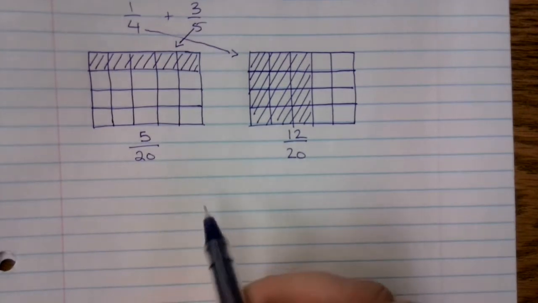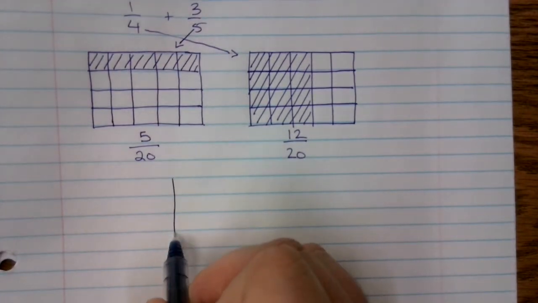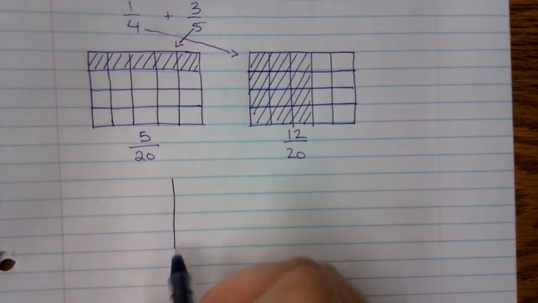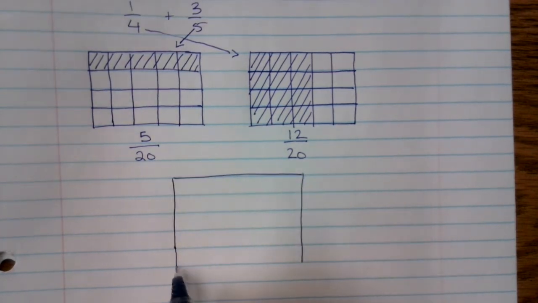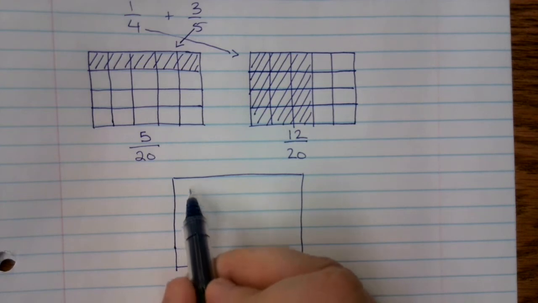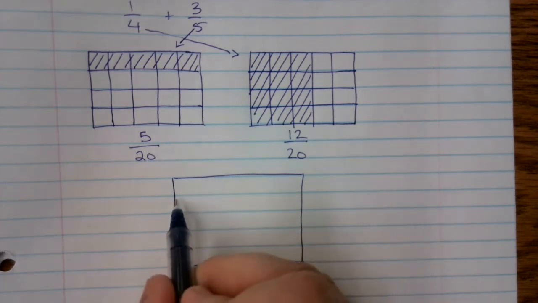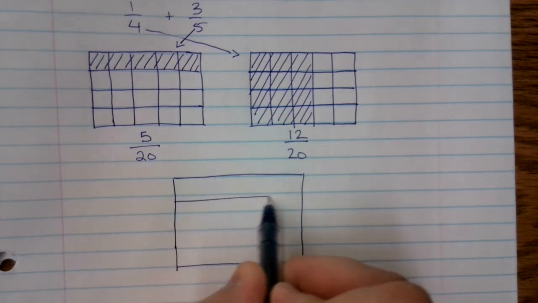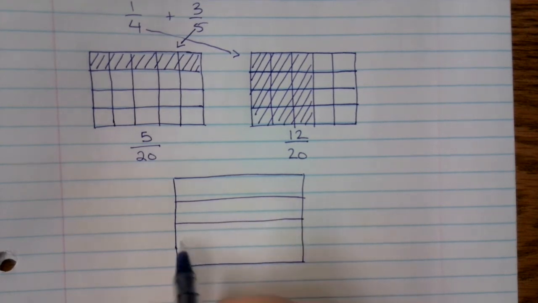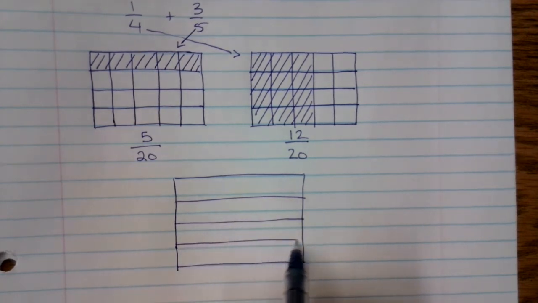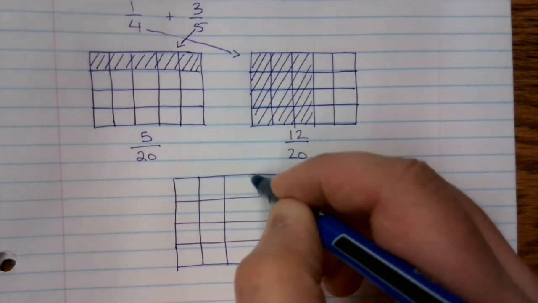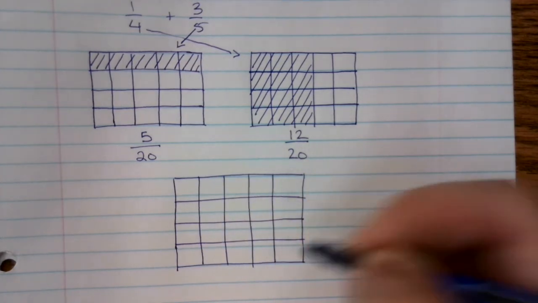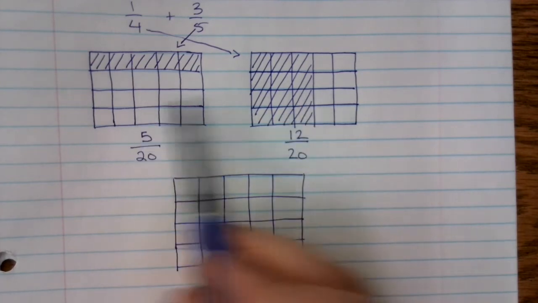I'm going to draw one more model. Made this one a little bigger, that's okay. I'm going to draw my quarter lines in here. Draw my fifth lines in here. And I'm going to combine my two shapes.